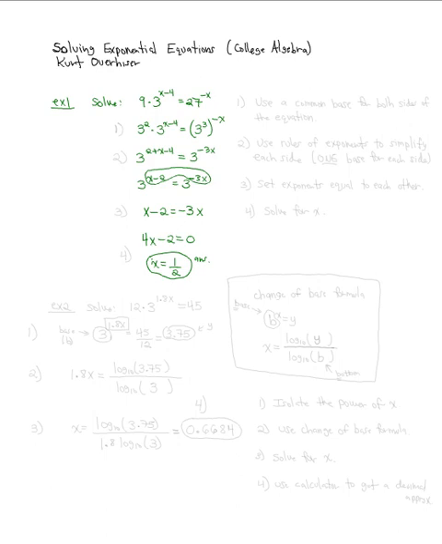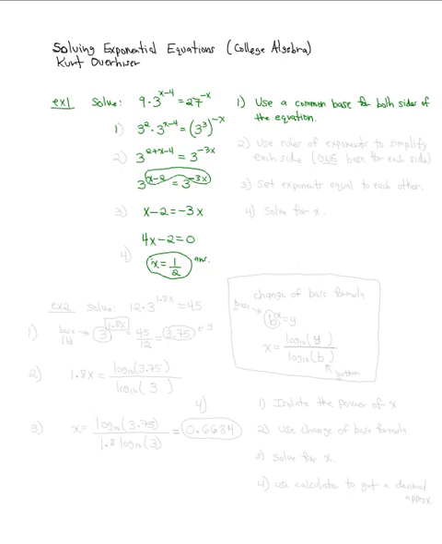So just to document these steps, what we just did in this first example, we can put the steps right here on the margin and the side. Step number 1 would be to use a common base for both sides of the equation.